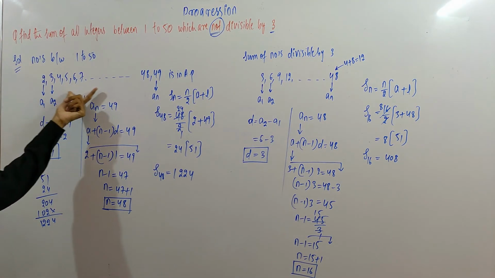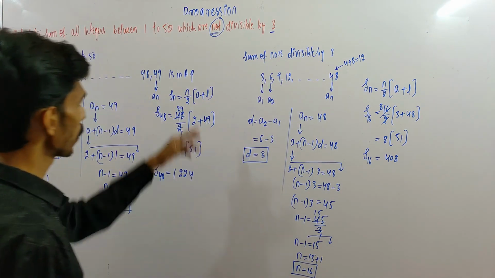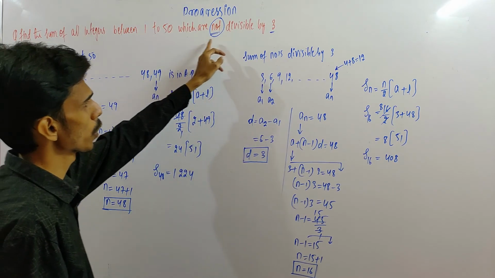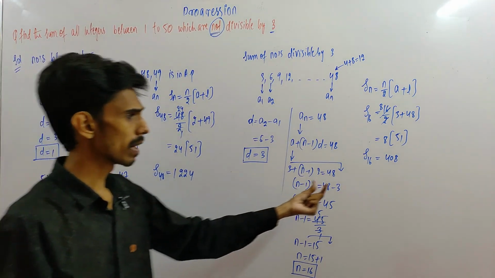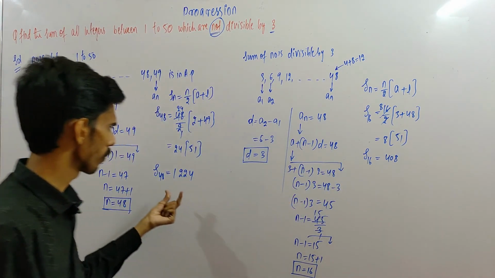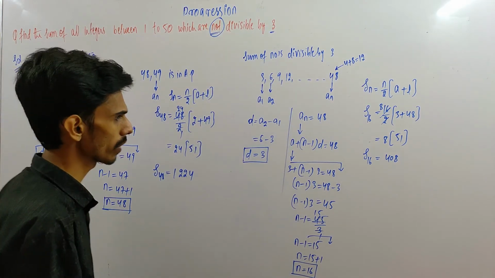We got the sum of all numbers and the sum of numbers divisible by 3. But in the question we have been asked for numbers which are not divisible by 3. If we subtract numbers that are divisible by 3 from all the numbers, then we will get numbers that are not divisible by 3.